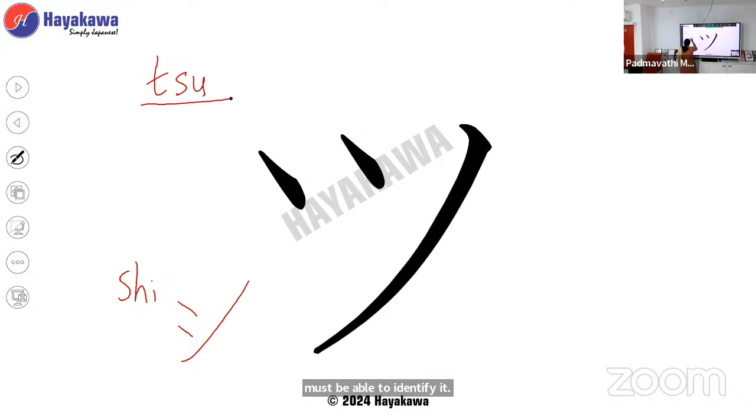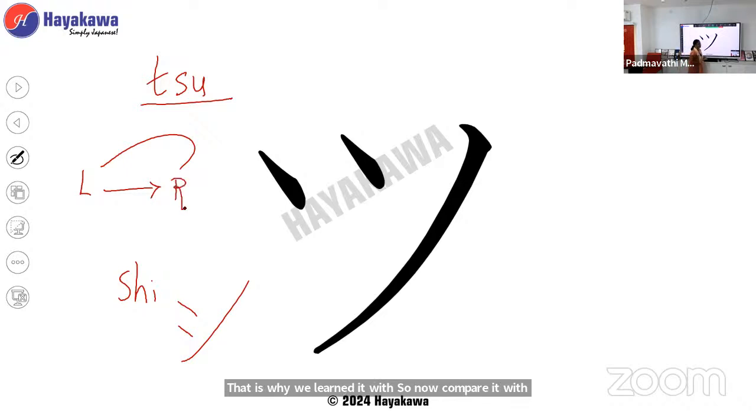So now compare it with hiragana tsu. Hiragana tsu moves from left towards the right side, left to right. And it has 3 strokes, so we have 1, 2, 3, and it moves from left to right.